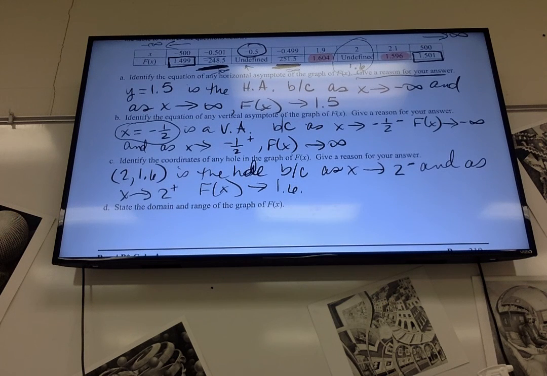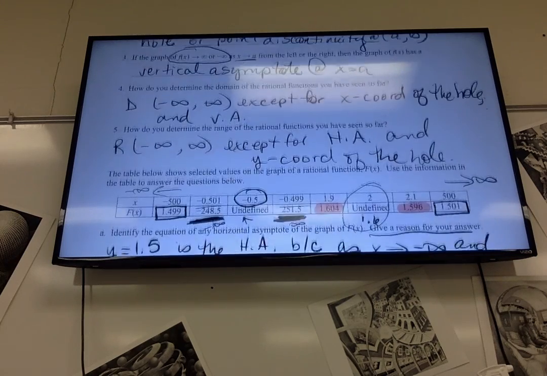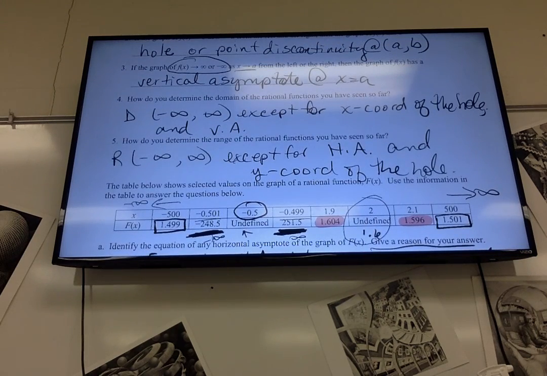Okay, D, domain and range. Okay, so let's see. Up here on number 4, how do you determine the domain? It's everything, negative infinity to infinity, except for the x-coordinate of the hole and the vertical asymptote.